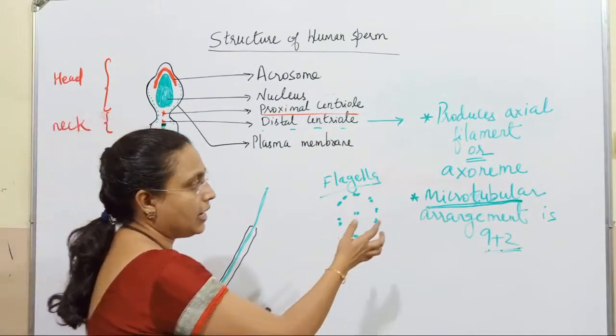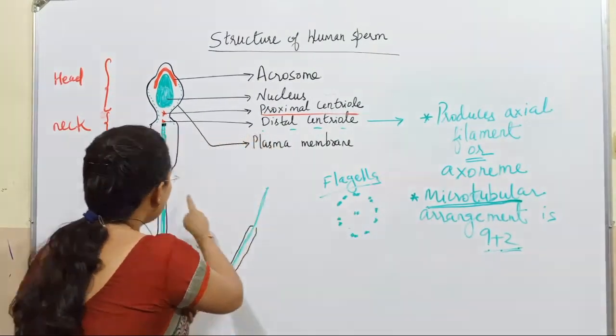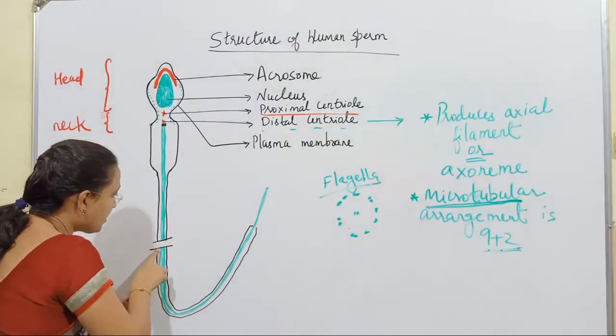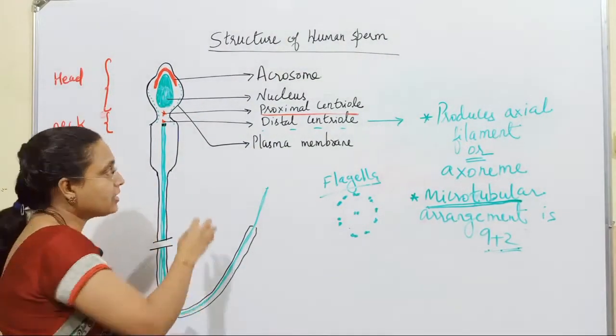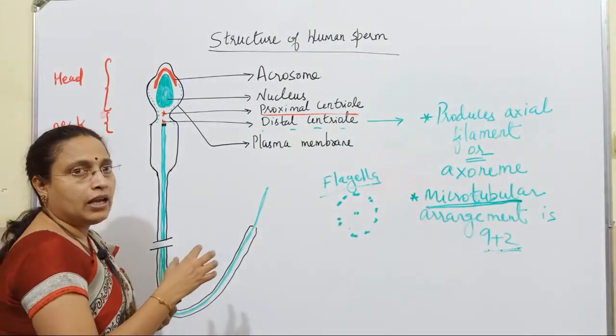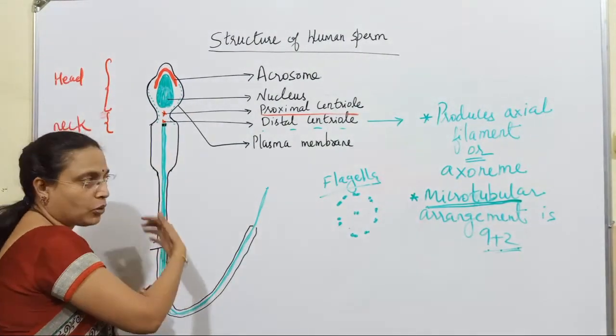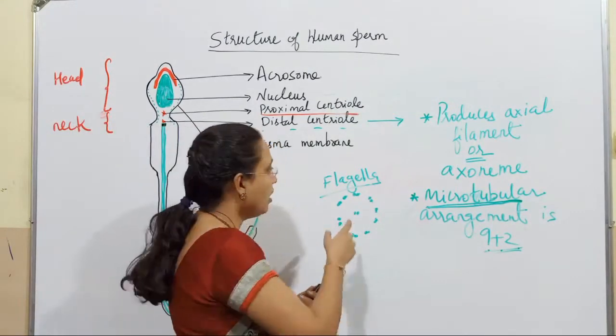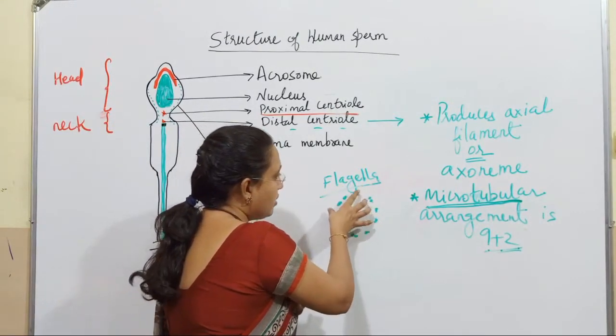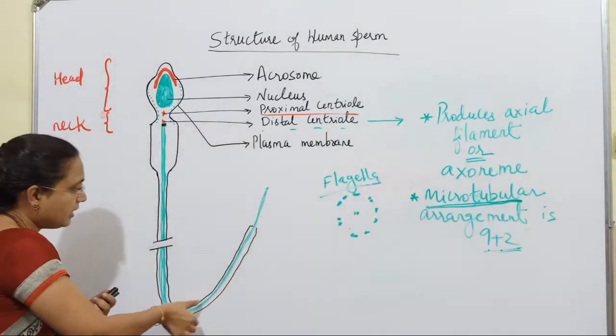Now you can see these are microtubules, which are represented in green here. They arise from this basal body, that is the point of production. Even movement is based on the sliding of proteins present in the axial filament. Now this forms what is called the tail.